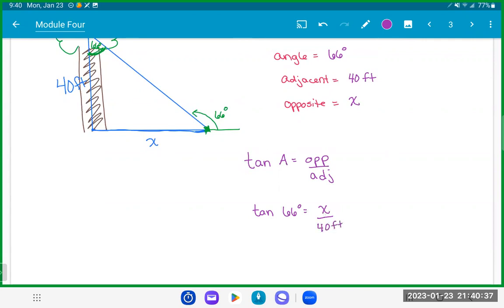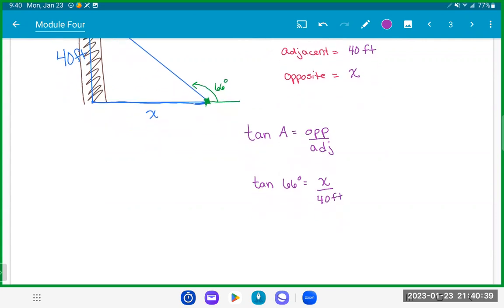Okay, so now I can multiply both sides by 40 feet because we really want to isolate our x. So it'll cancel on the right hand side, and that leaves me with x is equal to 40 feet times the tangent of 66 degrees.